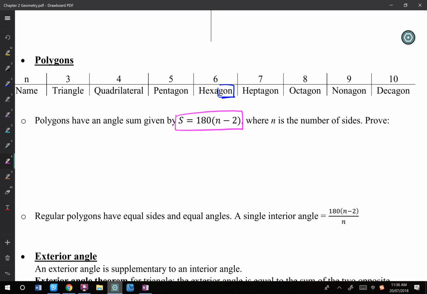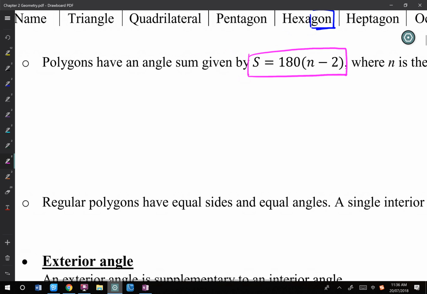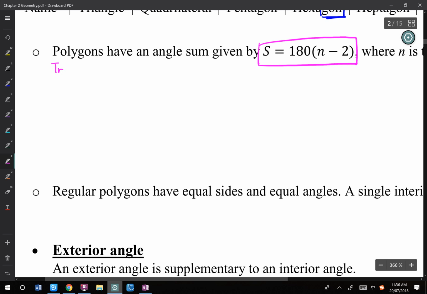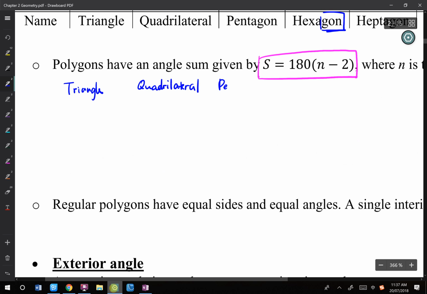Okay, so let's do something interesting. So we have triangles, we have quadrilaterals, and we can have pentagon. And we said we have hexagon.